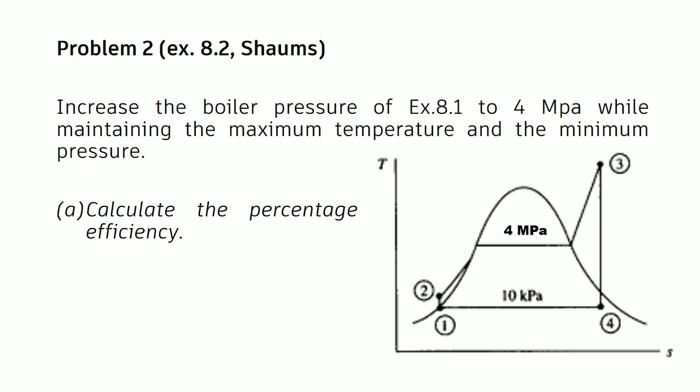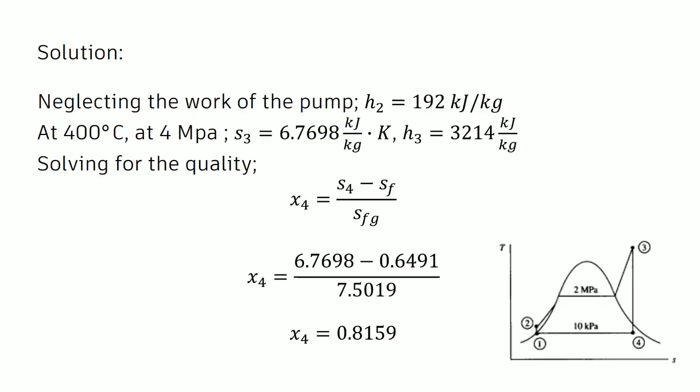In this problem, instead of answering those questions again, we are tasked to calculate the percentage efficiency of the boiler. Neglecting the work of the pump, we have here the specific enthalpy at the second process to be 192 kilojoules per kilogram.